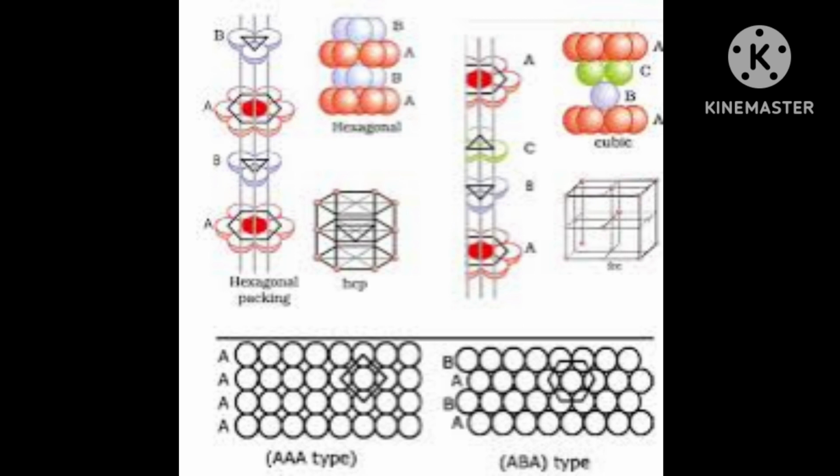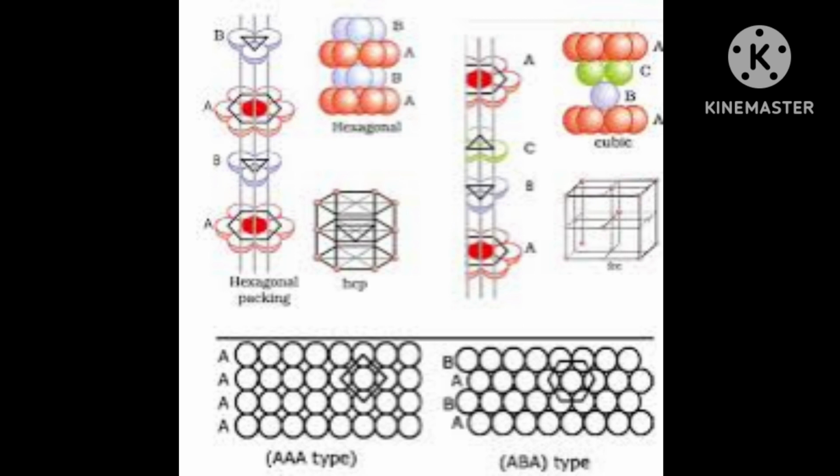In ionic solids, the bigger ions, again important points are there. What will be the bigger ions in an ionic solid?